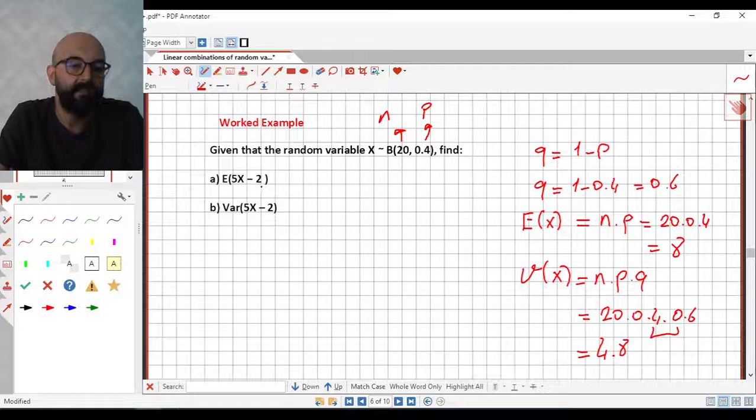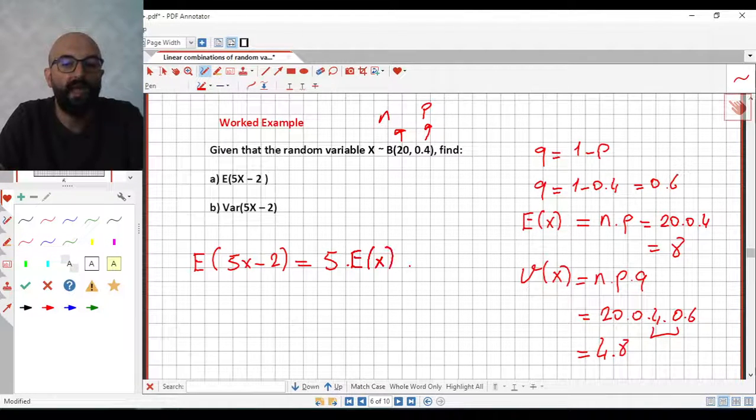Now, as you remember from the last lesson, the expectation of 5X minus 2 means 5 multiplied by the expectation of X, minus 2.